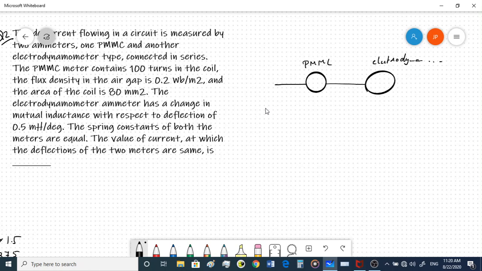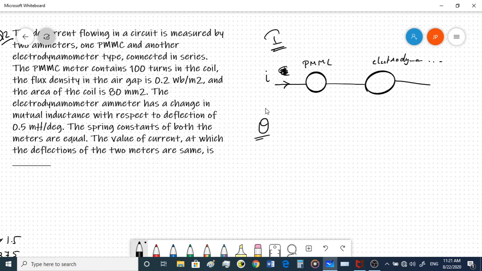Some of the parameters of both these meters have been given to us, and we are asked to find the current I, capital I, passing through these meters for which the deflections of both these meters would be the same. Deflection means theta, right?